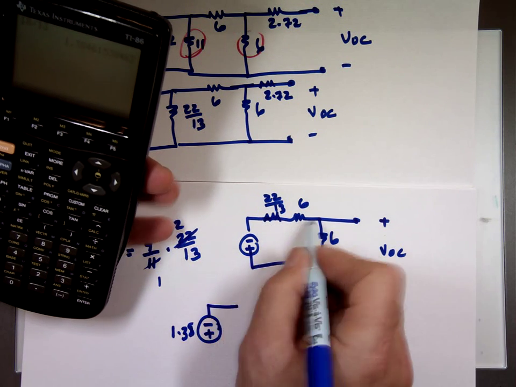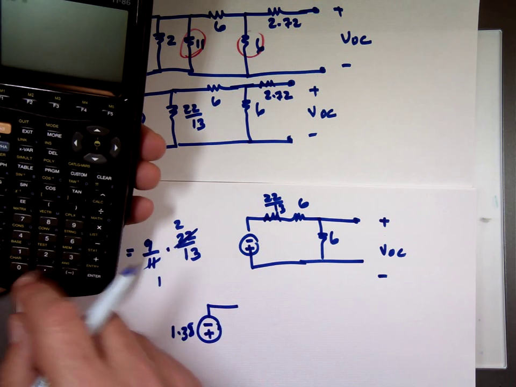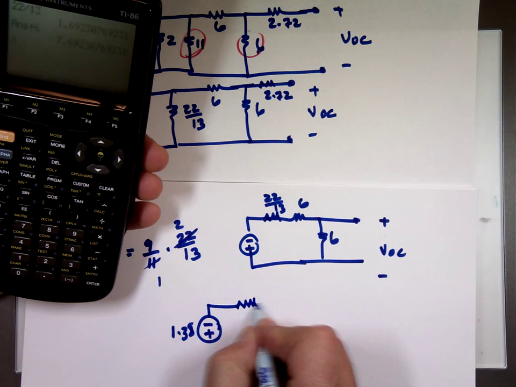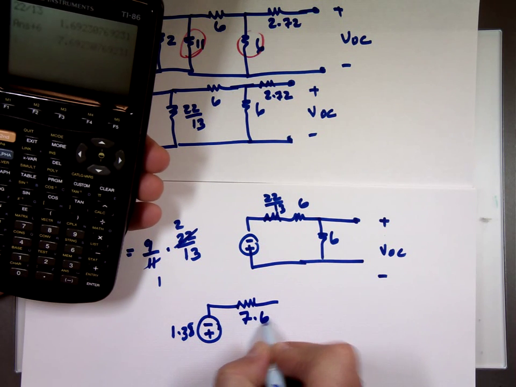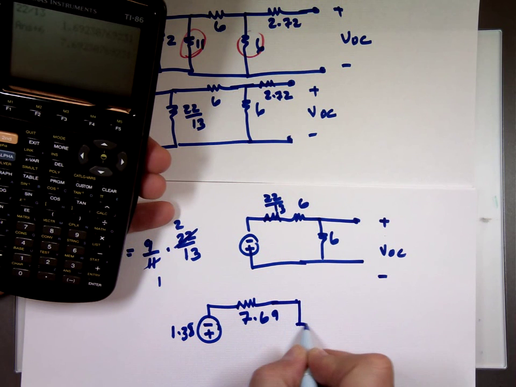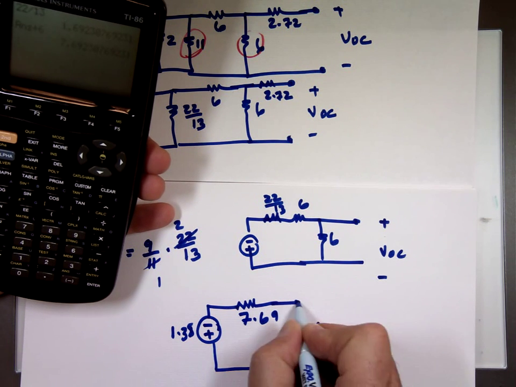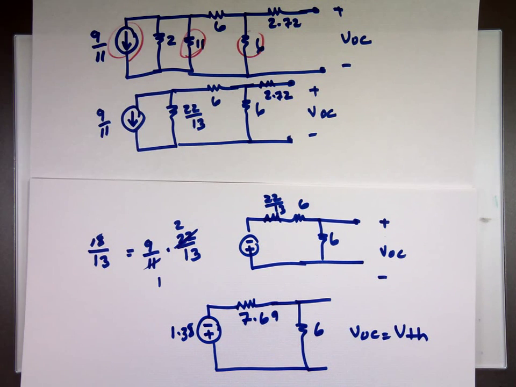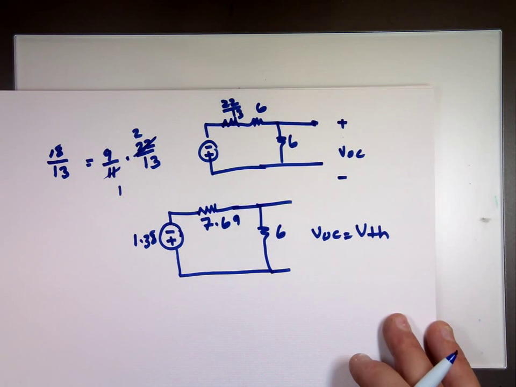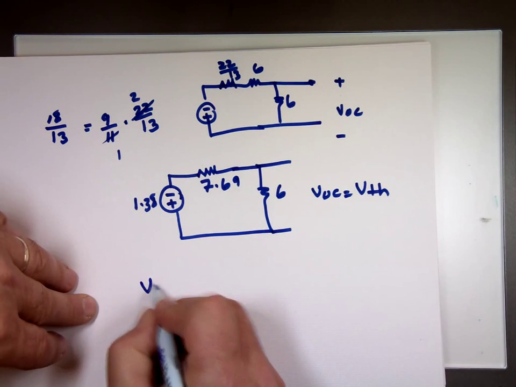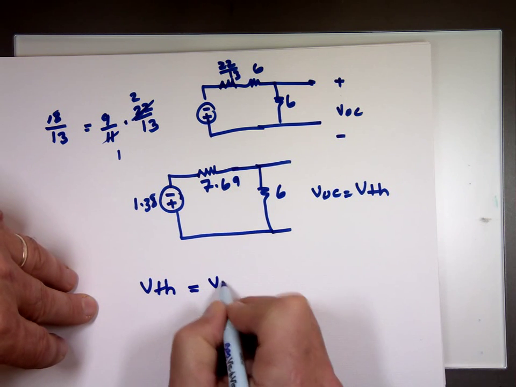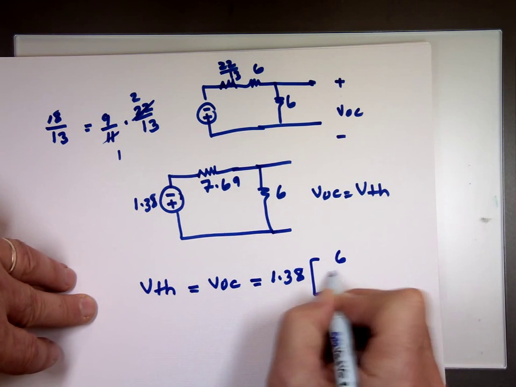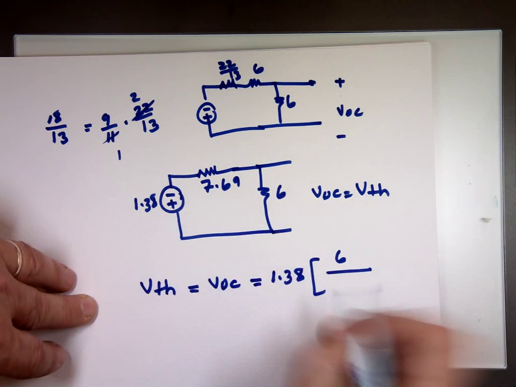I can combine these two resistors together. 22 divided by 13 plus the 6, 7.69. 6. And what's V open circuit or V Thevenin? Do we have it? V Thevenin equals V open circuit, which is 1.38 times 6 over the sum of these two. 6 and 7 is what, 13.69?